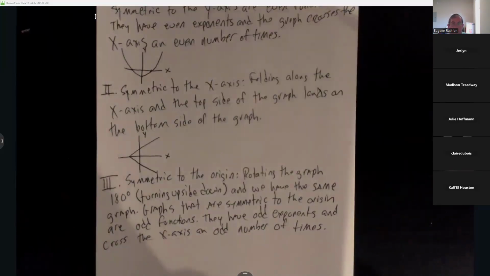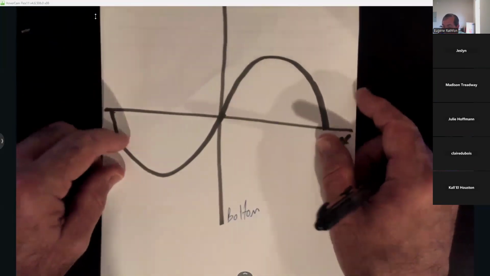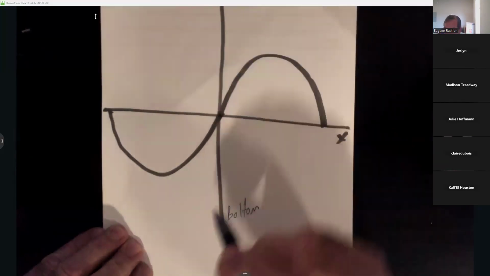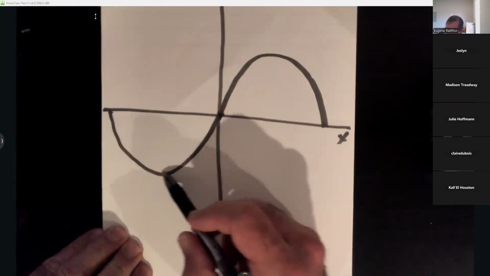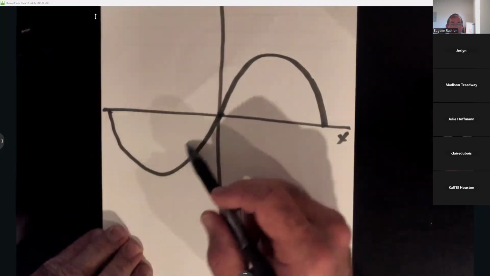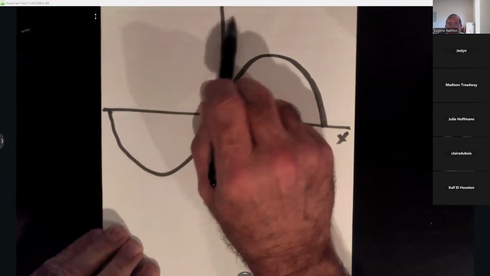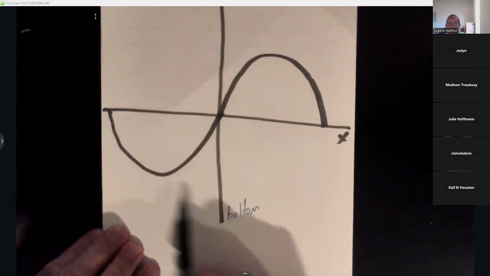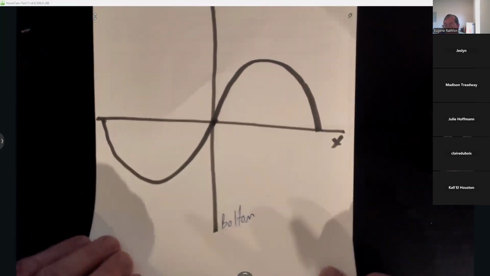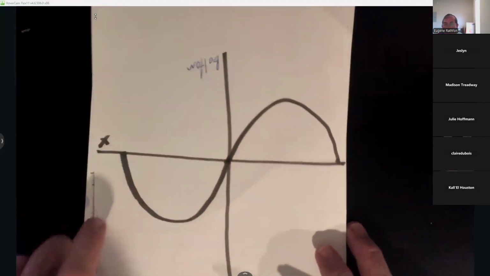So let me show you a picture of an odd function that is symmetric to the origin. Here's the origin in the center. So this graph sort of makes what we would call a sine wave looking graph, okay? But look how this graph looks. Here's the top, here's the bottom. So it comes down, goes uphill, and goes back down. Watch what happens when I rotate this 180 degrees.